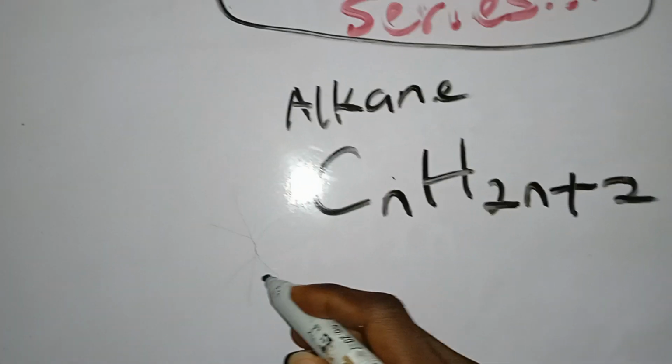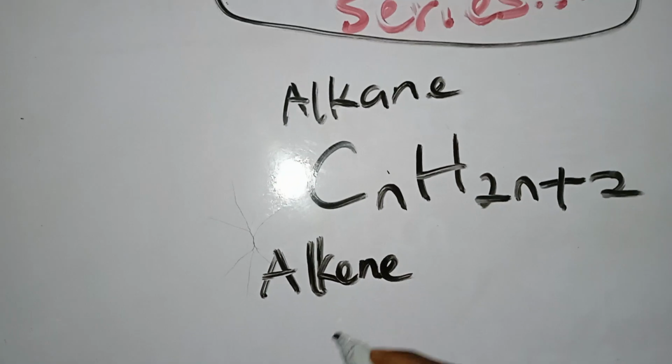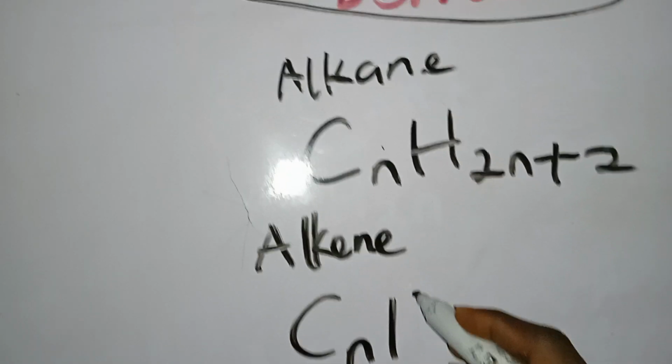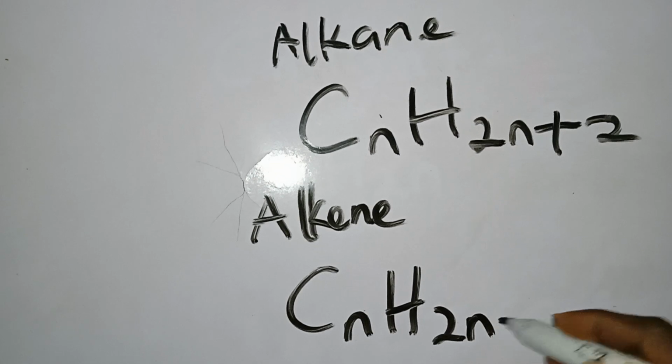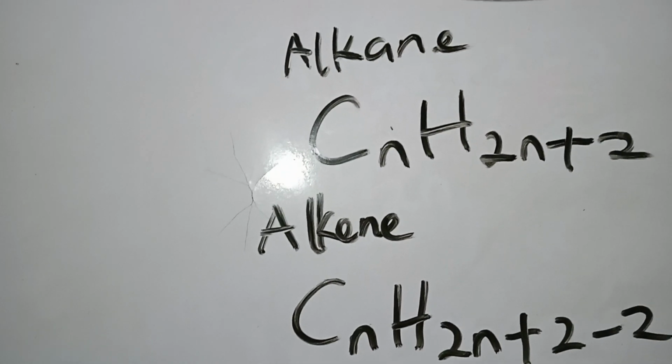This is for alkane. While for alkene, the formula is CnH2n+2 minus 2. This is for alkene.